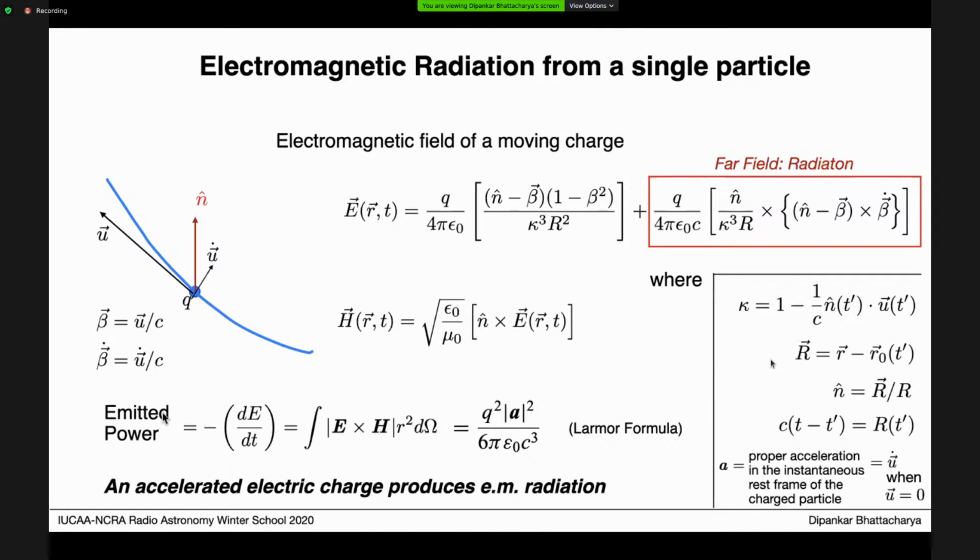And this emitted power, the integral can be performed, and it can be shown that this is proportional to the square of the charge, the square of the acceleration, and divided by these constants.